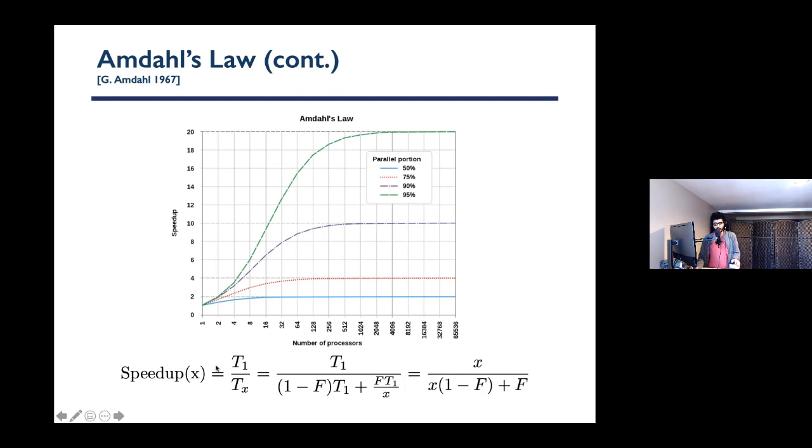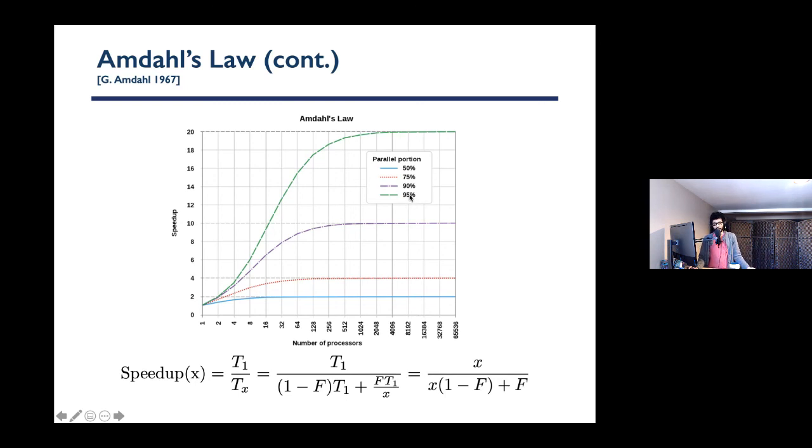Now this is the graph for different numbers of CPUs, from 1 to over 65,000 cores. And this is the speed up from 0 to 20. The different colors are different parallel portions. So let's say your application is 95% parallelizable. That's pretty good, right?